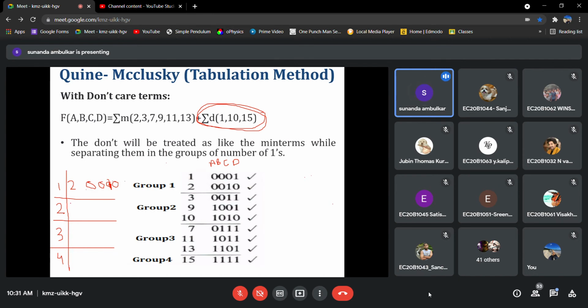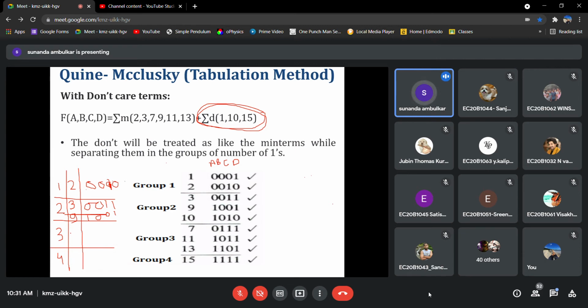Next is group 2. Here it is 3, indicated by 0, 0, 1, 1. In group 2, one more is 9, which is 1, 0, 0, 1. Next is group 3.